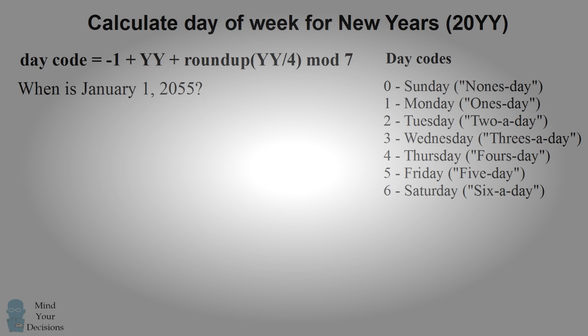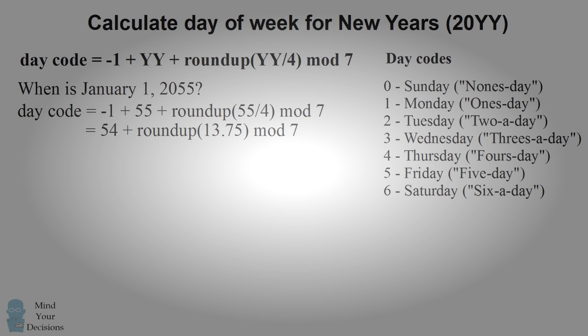So let's figure out which day of the week January 1st, 2055 will land on. Our year is 55. So we calculate the day code by substituting in 55. So we get -1 plus 55 plus 55 over 4, rounded up, modulo 7. 55 over 4 is 13.75, which we round up to 14.